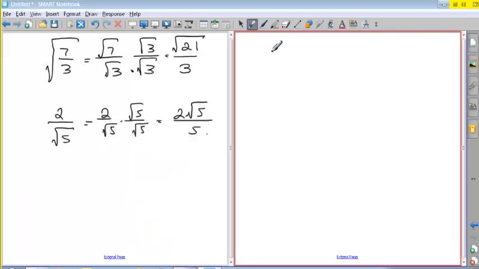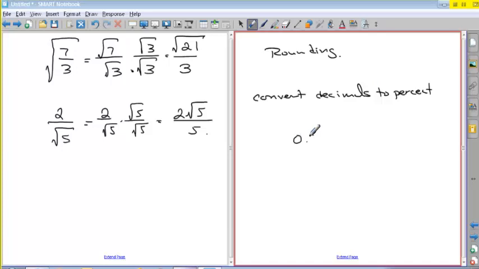We talked about this today, rounding. So make sure you can round to a certain number of tenths, thousands, hundreds. Convert decimals to percent. Everybody should get this. So remember, if you have a decimal, there's 2 ways of thinking about it.